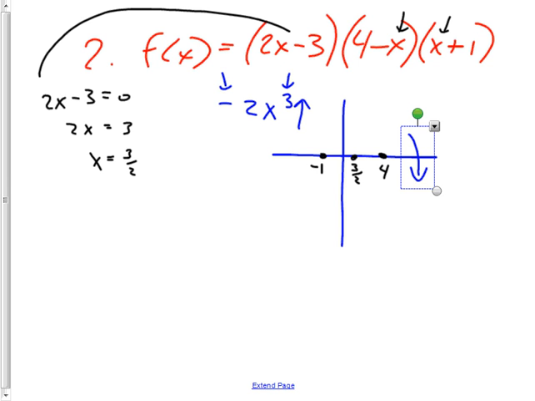Alright, generally this thing's going down on the right. So I'm going to go down like this. Are there any bounces that you can see? Nope. So these probably are all just cut throughs, so it's probably just going to go like that. And what's the one thing I haven't checked that I warned you I am going to check? The Y-intercept.